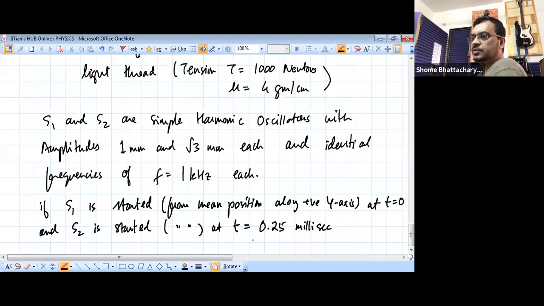So there's a slight delay between the two. This one is started at t equal to 0, and this one is started a quarter of a millisecond later.